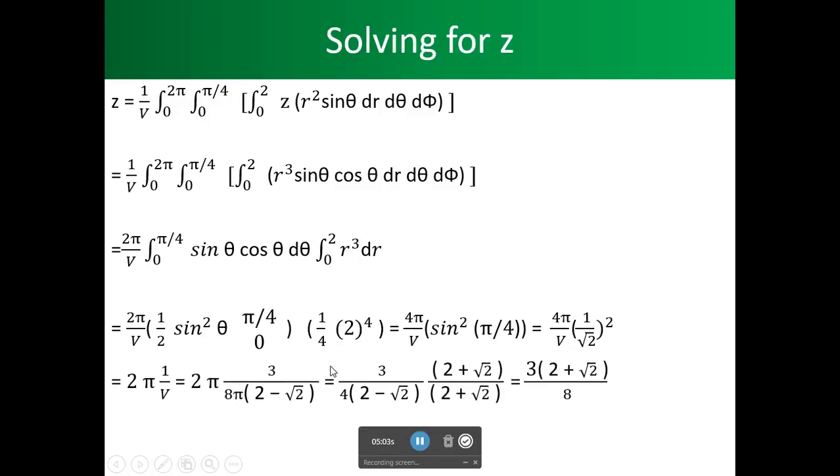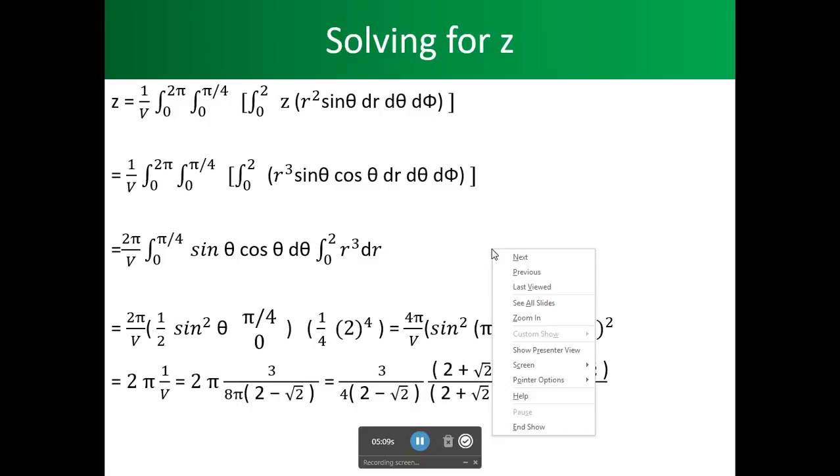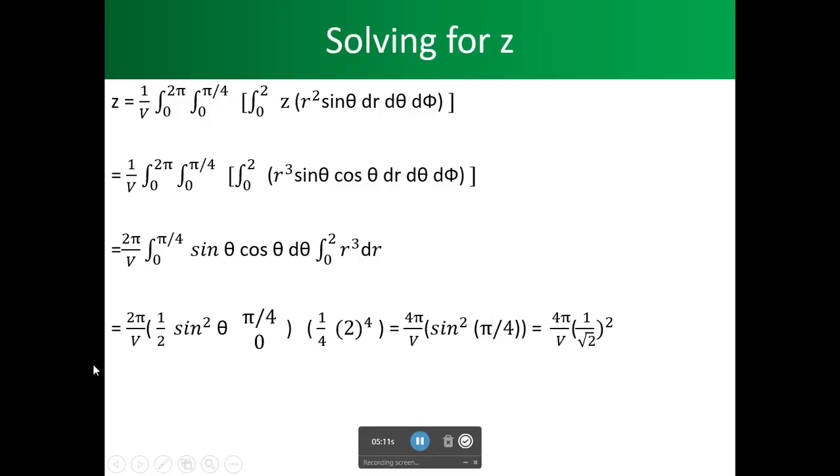We keep out our 2 pi, and the integral of sine theta times cosine theta is 1/2 sine squared theta, as it goes from 0 to pi over 4.